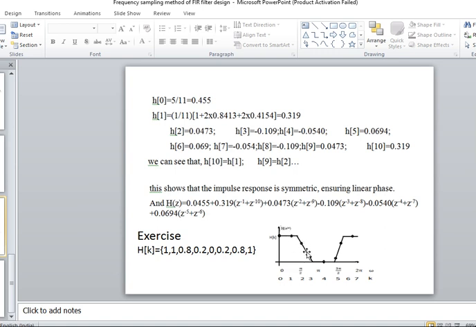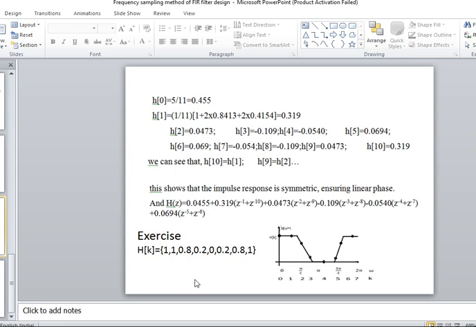When it comes to this range, it is not 1 or 0, so you have to take in-between values from the equation of these lines, from where it starts and where it ends. Those informations will be given. So you get the Hk values as 1, 1, 0.8, 0.2, then 0, then 0.2, 0.8, 1, like that.